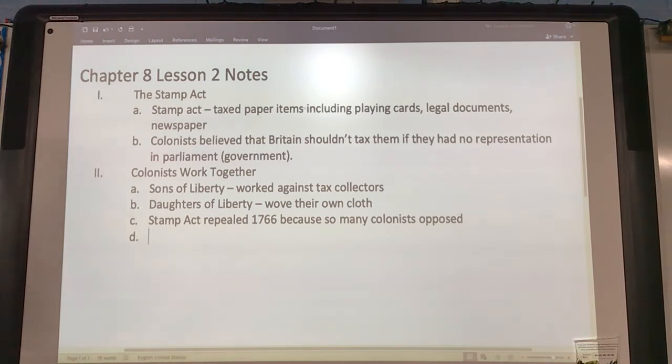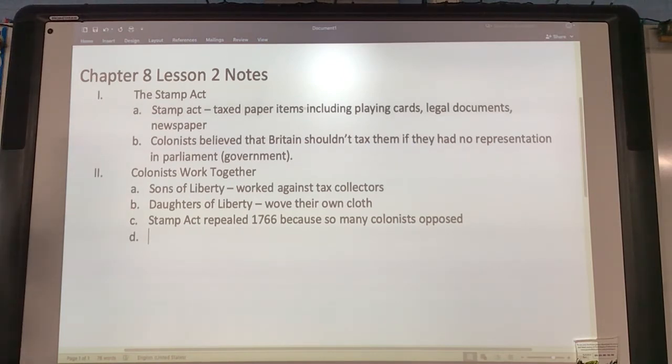They got rid of the Stamp Act, and then they did what? Again. What'd they tell them? Lots of causes and effects here. They pass the Stamp Act, colonists oppose it, protest it, they take the Stamp Act back, and then Britain tells the American colonists what?